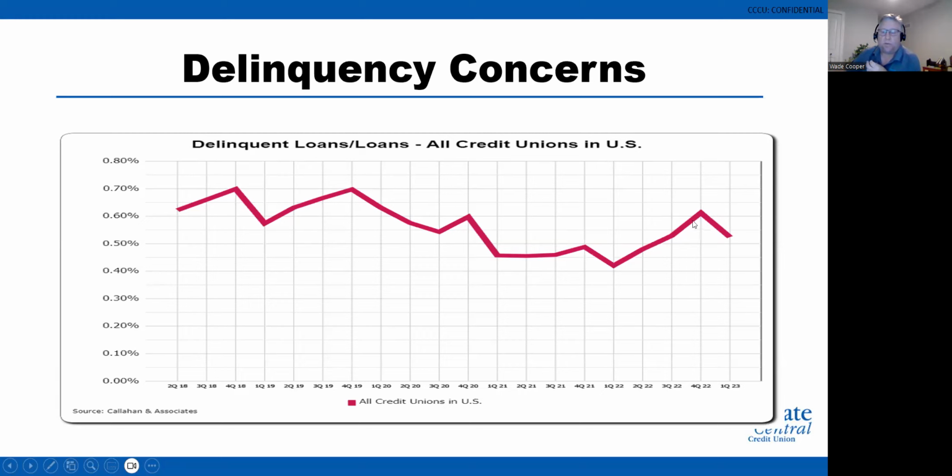The concerning part here that I see is the rate of delinquency from first quarter 22 to the fourth quarter 22, because we were looking at about 0.42 and we went up to 0.61. And again, that's collectively, that's the entire industry. It doesn't have an underwriting problem. The entire industry doesn't have a collections problem. Something else is happening, because it hasn't been that much of a jump within that time frame.